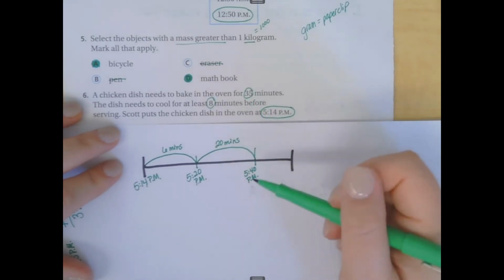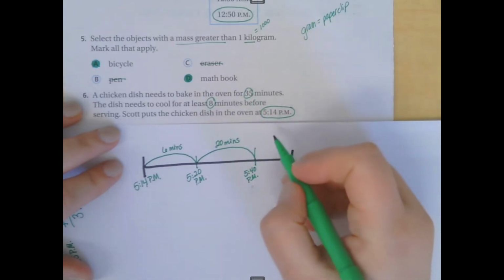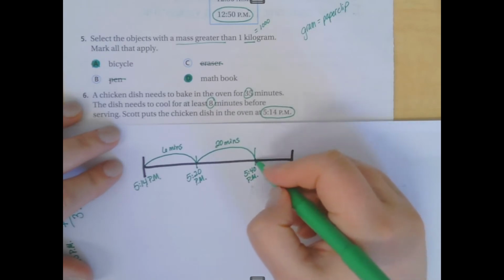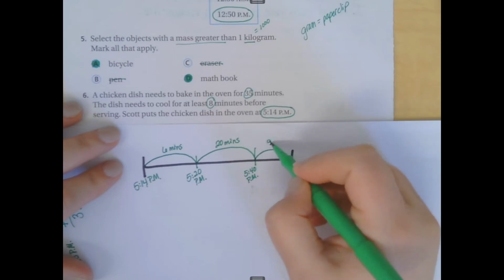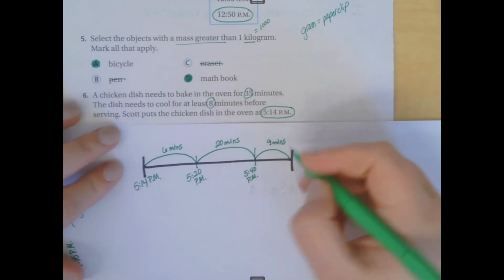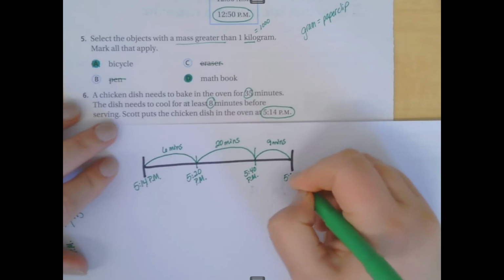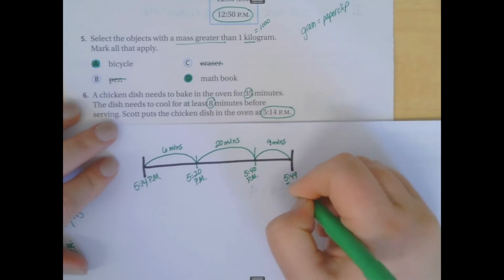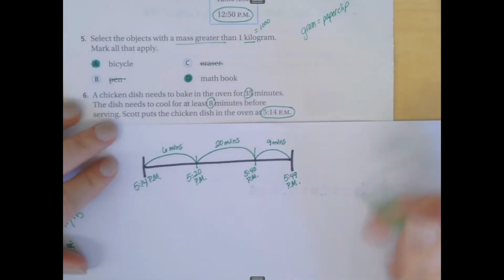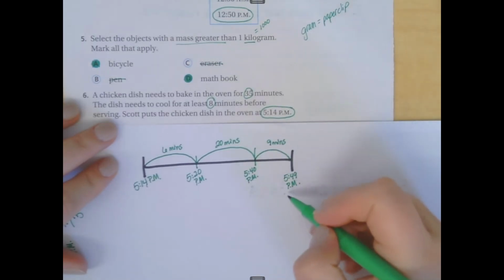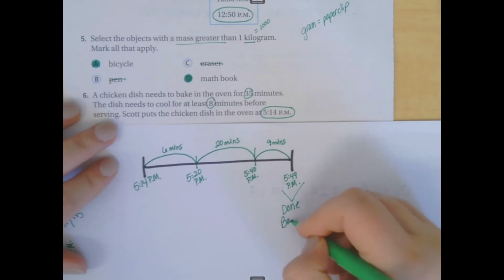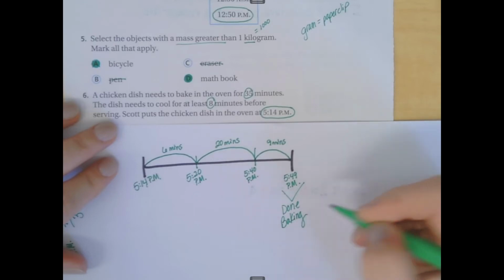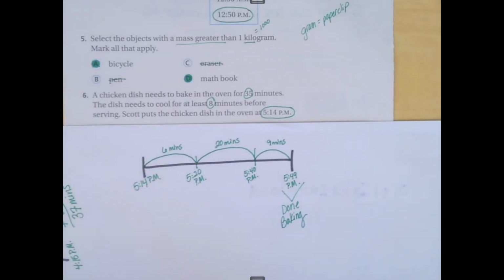So that means I need to go 9 more minutes. 40 plus 9 would be 49. So 5:49 p.m. Now, this is the time that it's done baking. Okay? Let me grab a different color.